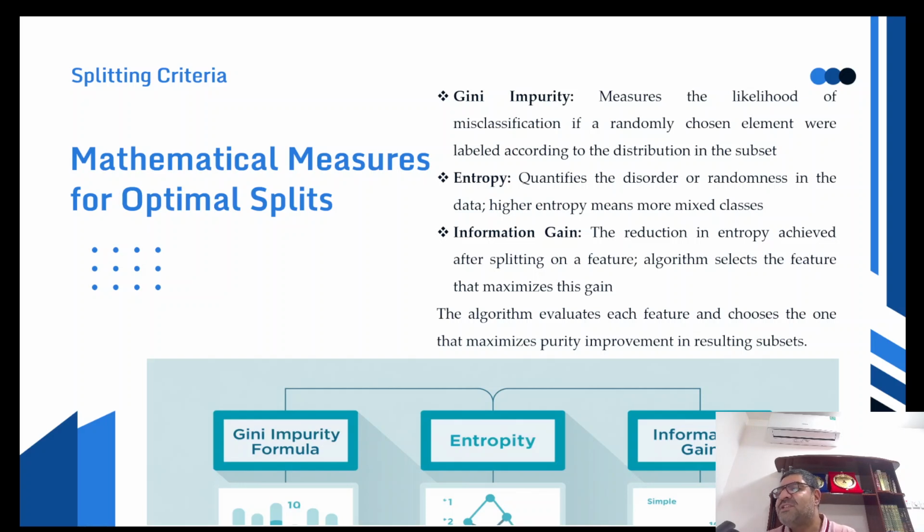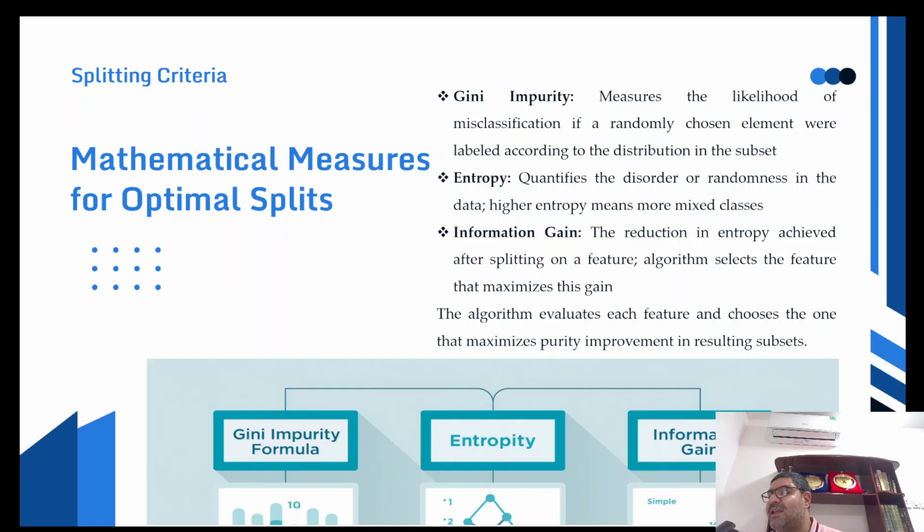The algorithm selects the feature that maximizes this gain, so where maximum information gain has happened, it will choose that feature.